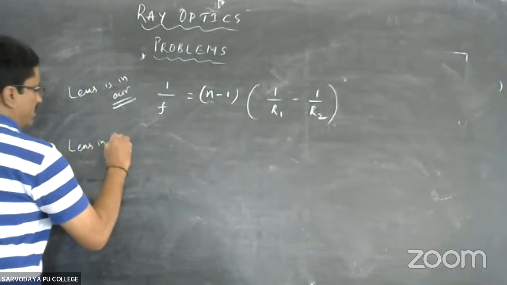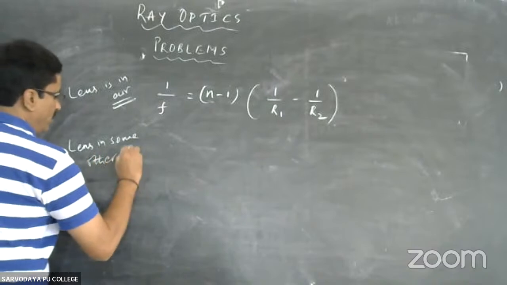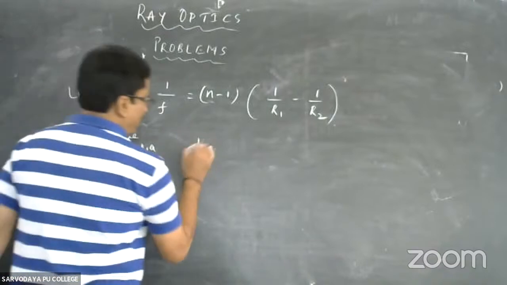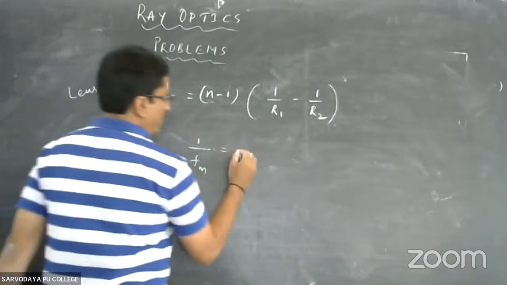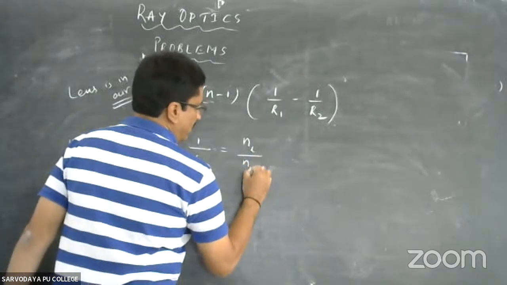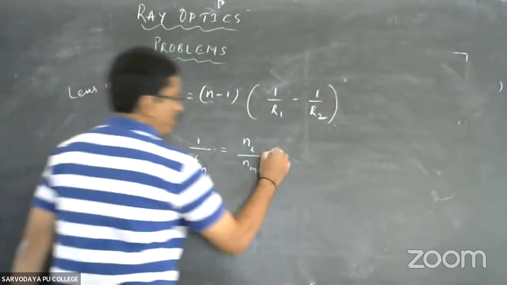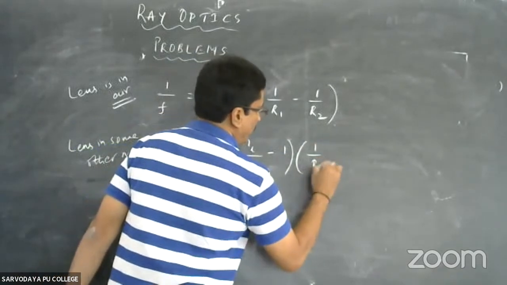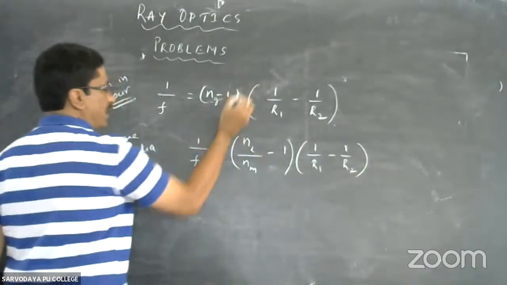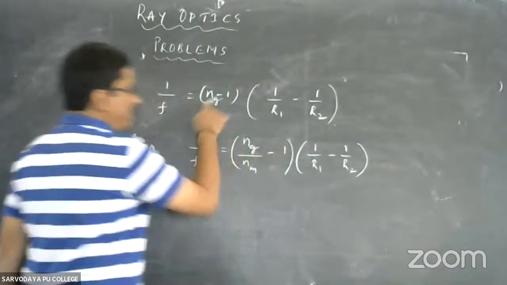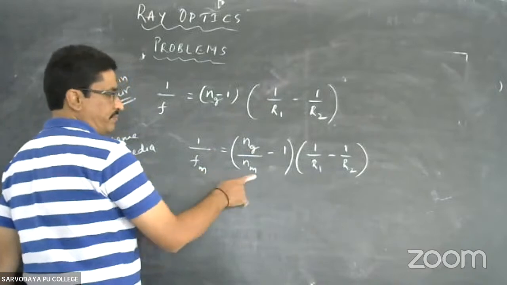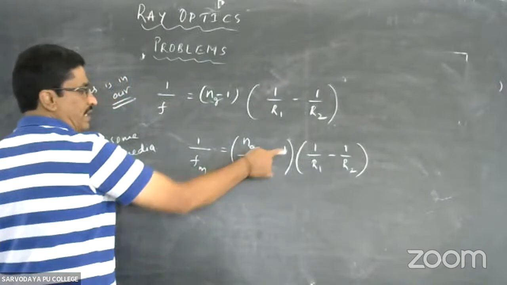If the lens is placed in some other medium, any medium other than air, then 1 by f, the focal length in the medium, will be equal to (refractive index of the material of the lens divided by refractive index of the medium, minus 1) into (1 over r1 minus 1 over r2). If this confuses you: the lens is usually glass, so if we keep it as ng, then if it is some other liquid lens we change it. So ng by nm. Okay, any other medium: if it is water we take water, if it is some other liquid, then the liquid.